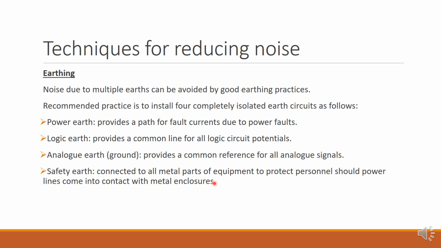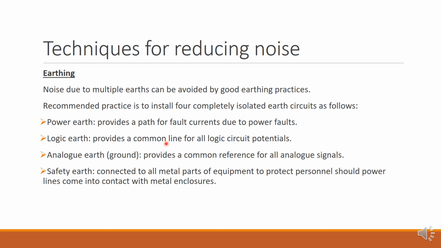In particular, this means keeping the earth for signal wires and the earth for high current equipment separate. For example, high voltage current equipment will have a separate grounding earth, and low power, low signal voltage will have another separate earth.